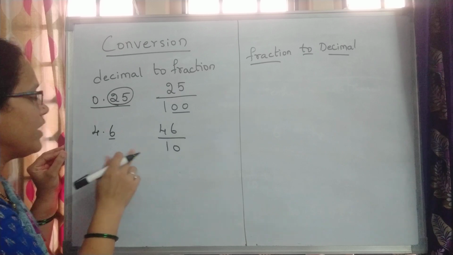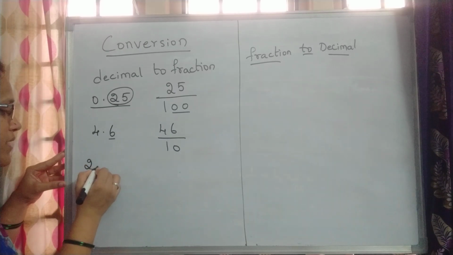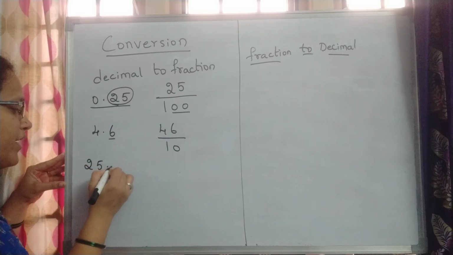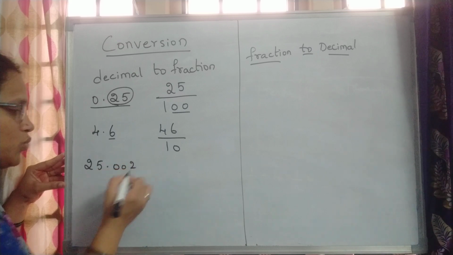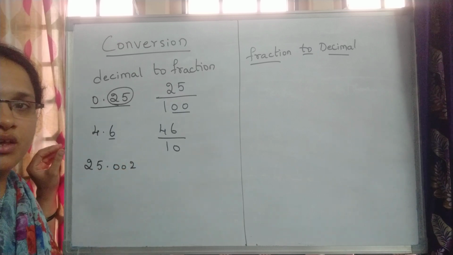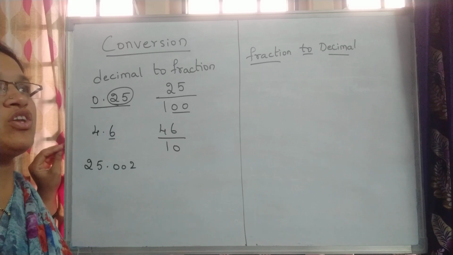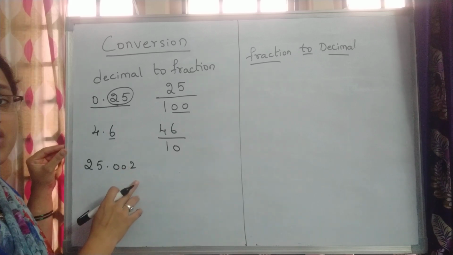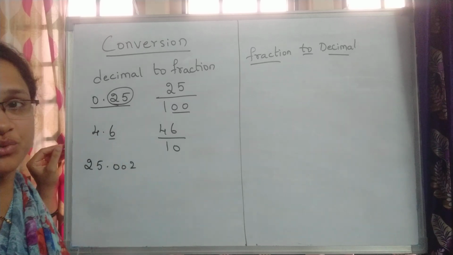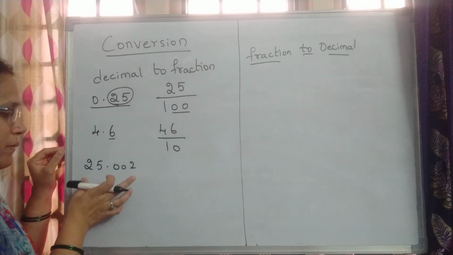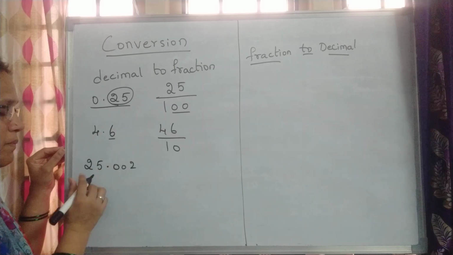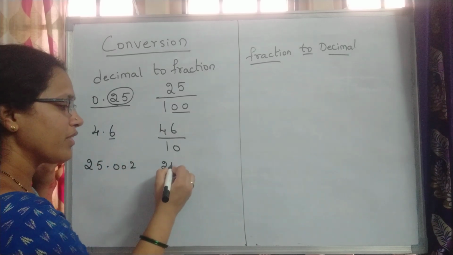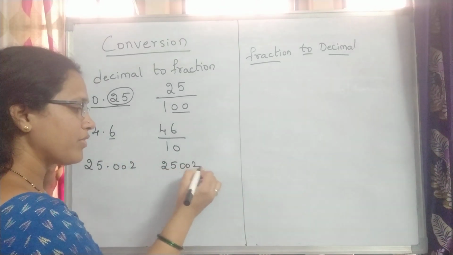Is that clear, children? And you may have some examples like 25.002. Usually, children, you think 0 does not have any value. No, if there is a number after 0, surely that 0 will have the value. So remember that. Your first step is to remove the decimal point and write the number.